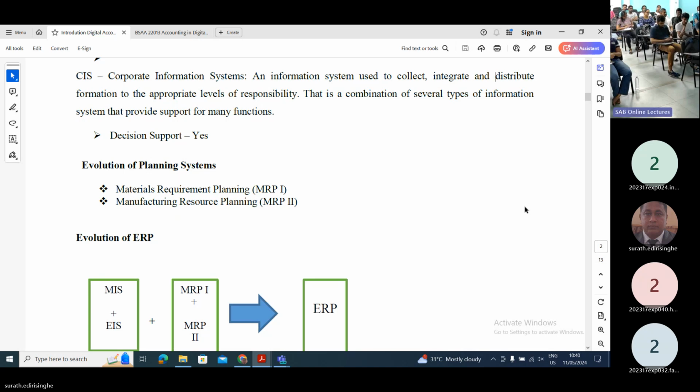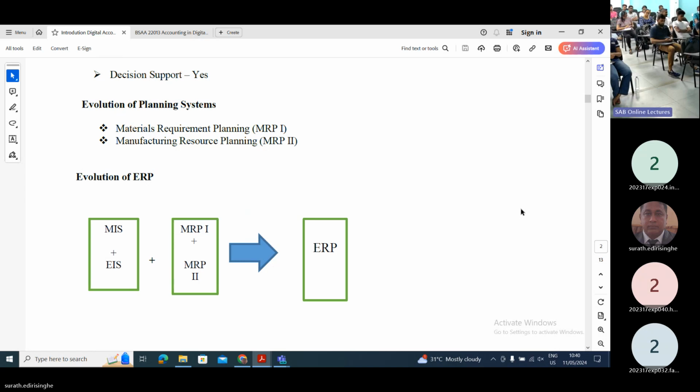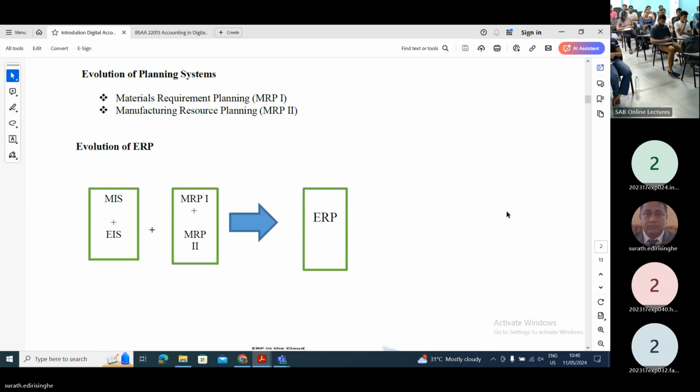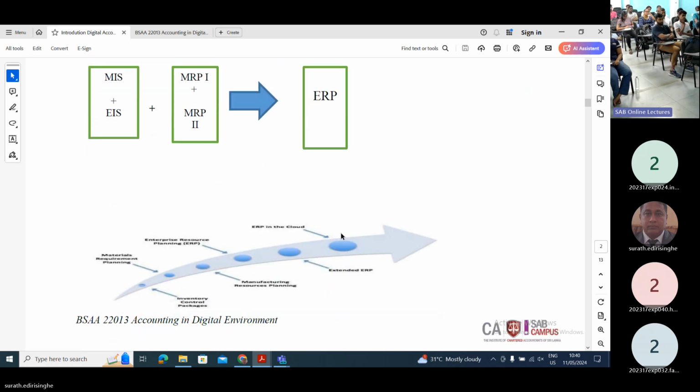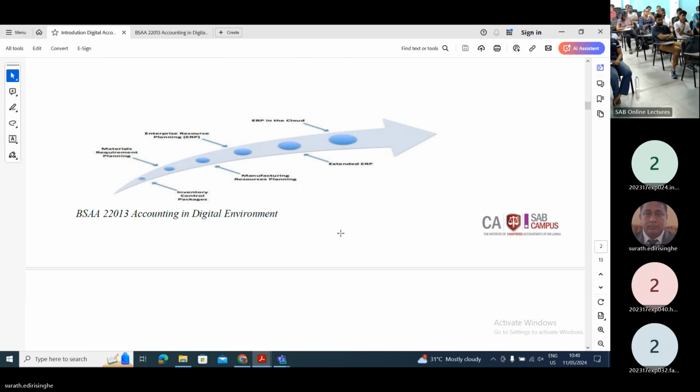Right. Now, look at here, evolutions of ERP. MIS plus CIS plus EIS, added to the MRP 1 and MRP 2, developed into enterprise resource planning.